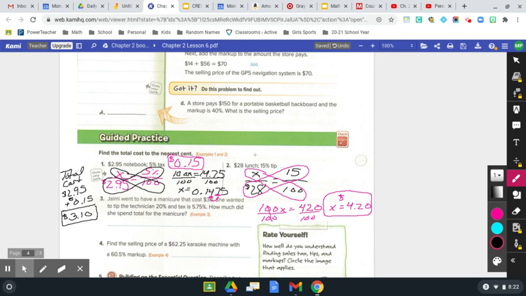Number 2, we're going to do the same thing. Now, this was lunch at a restaurant. And so we're going to find the total bill. It was a $28 lunch plus the 15% tip that we're leaving was $4.20. So we're going to add those together.